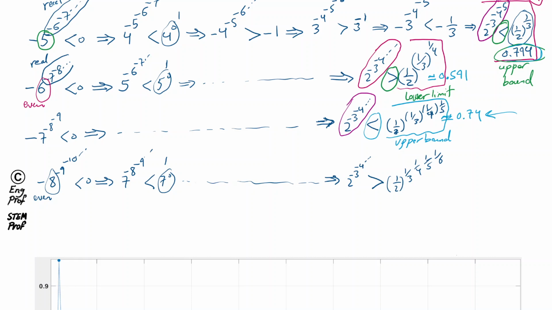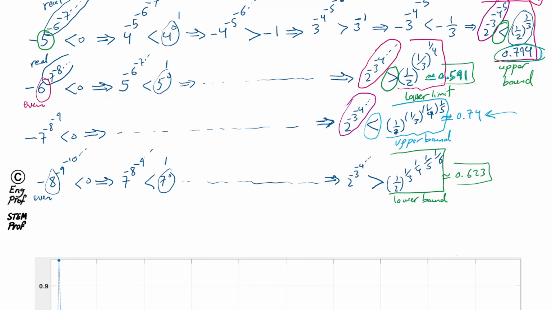And if this is computed, you will end up seeing that this new lower bound is going to be roughly 0.623. So higher than the prior lower bound that we found, as was computed earlier, 0.591.